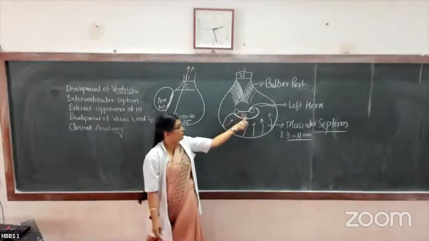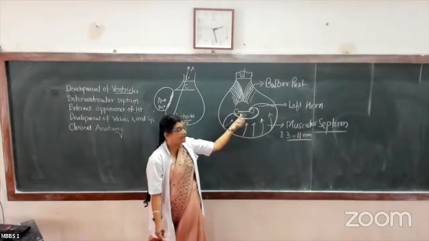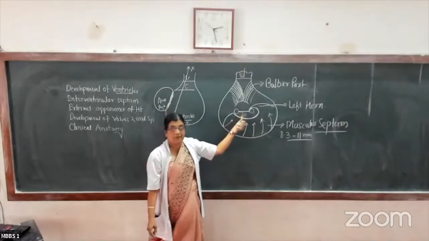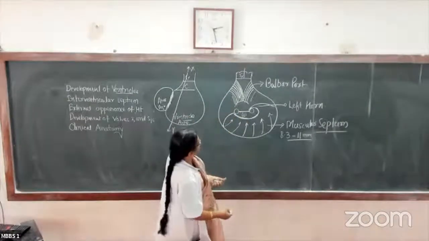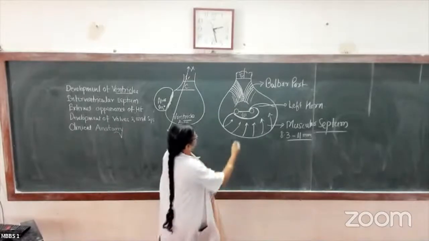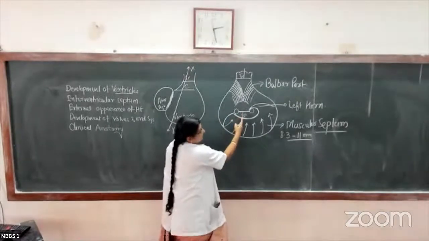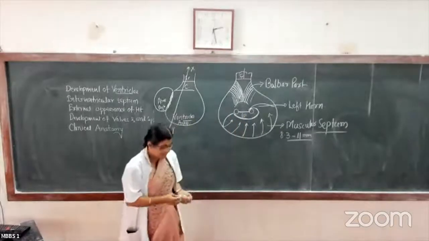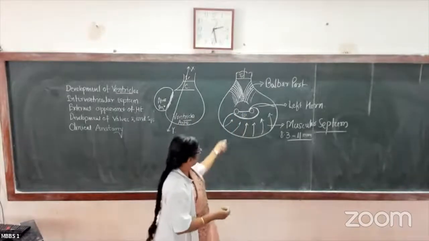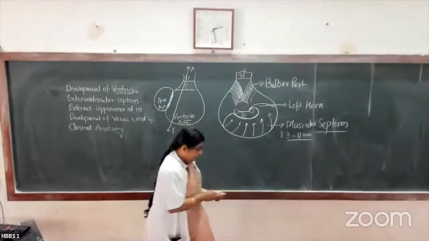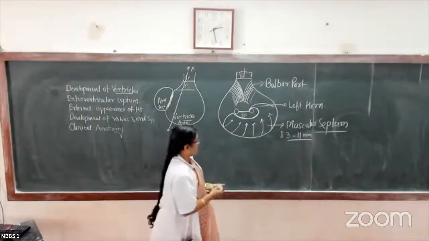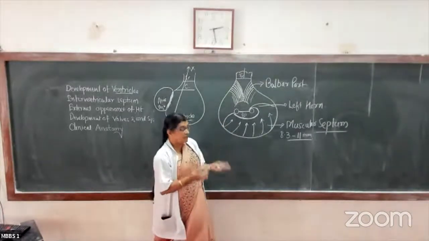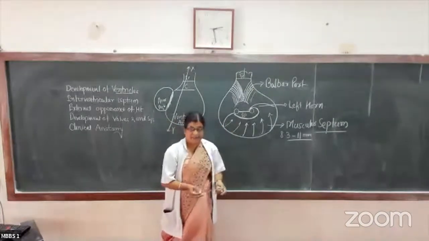Proliferation of the AV cushion is mainly from the right side of the cushion. So these are the three parts. This is the bulbar part; whatever gap is filled from the AV cushions is the membranous part, and the remaining is the muscular part. Any defect or gap in this process will lead to communication between the right and left ventricle.